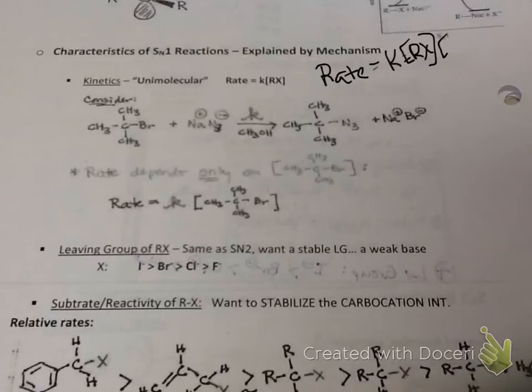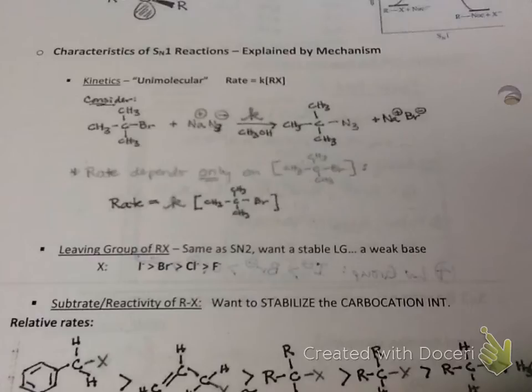So we can do kinetic studies with wet chemistry and determine whether a mechanism is an SN1 or an SN2 by changing the concentration of the nucleophile. If it has an effect on the rate, it's an SN2. If there's no effect on the rate, it's an SN1, and only the alkyl halide is involved in the rate-determining step.